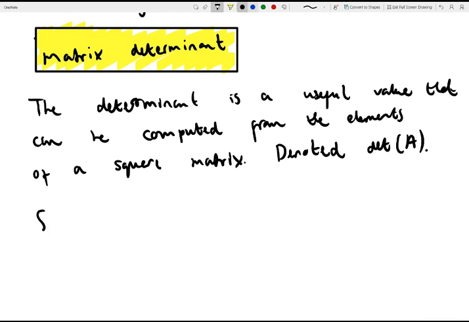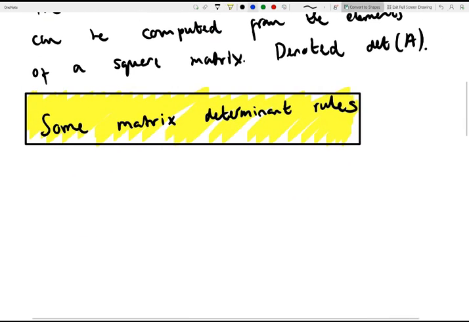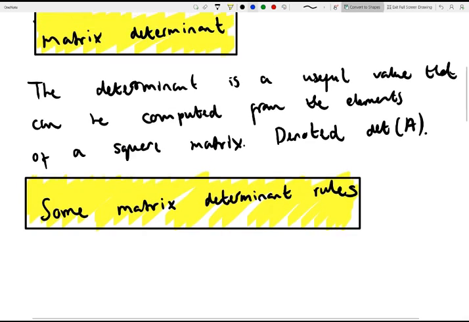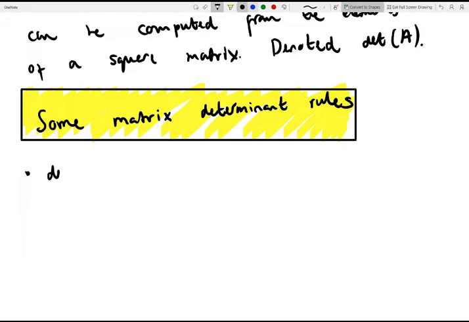So some matrix determinant rules. So the first rule is that the determinant of the identity is equal to 1.